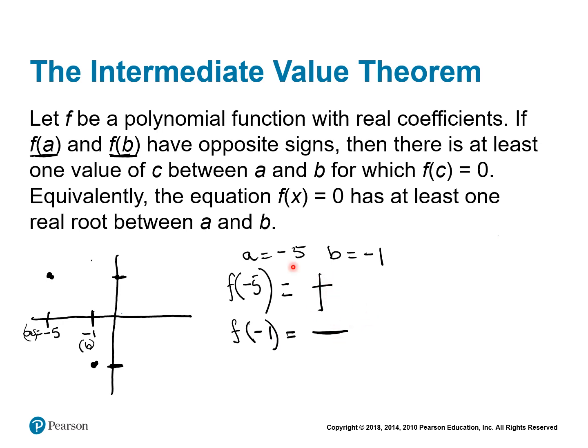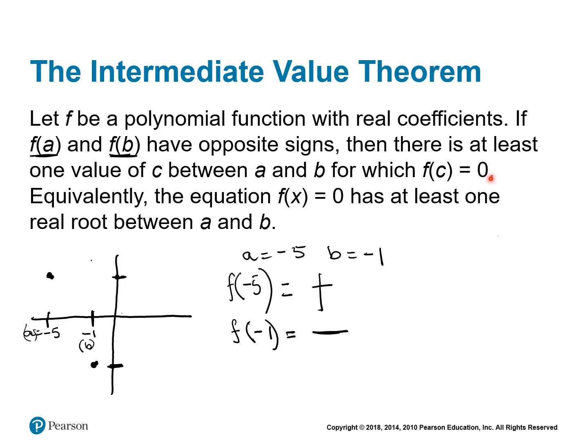With opposite signs. Now when that happens, in this interval between -5 and -1, we have y values where one is positive and the other is negative. When that happens, there is at least one value of c between a and b for which f of c equals 0.